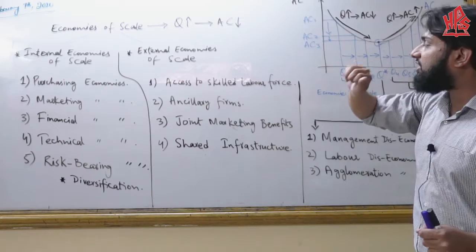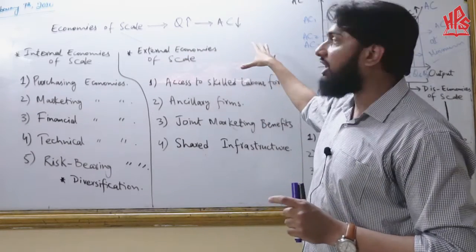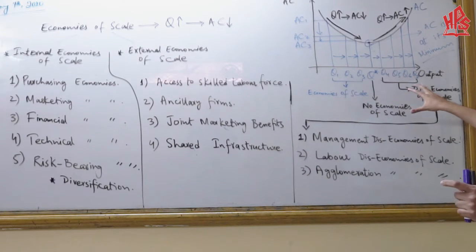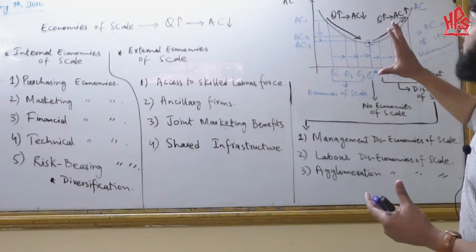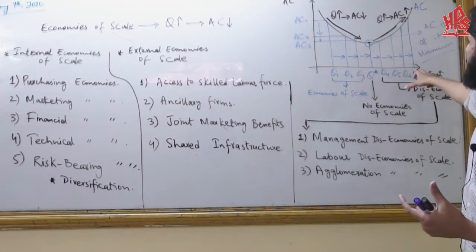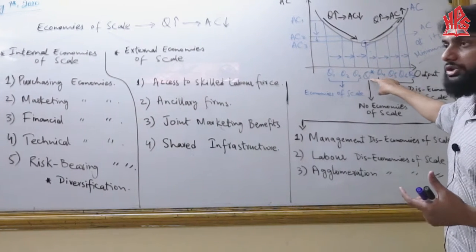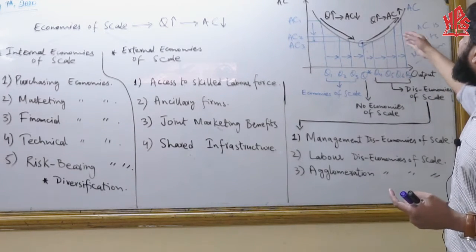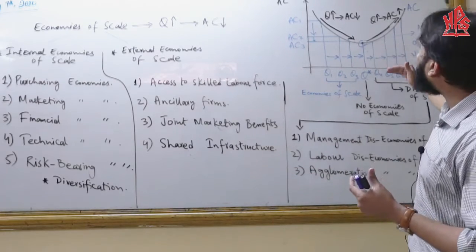Now I am going to discuss the other, contradictory side of economies of scale, which is diseconomies of scale. In diseconomies of scale, if we try to produce more output, you can see in the graph that after this point Q star, if we increase output further, it will increase our average cost of production again.